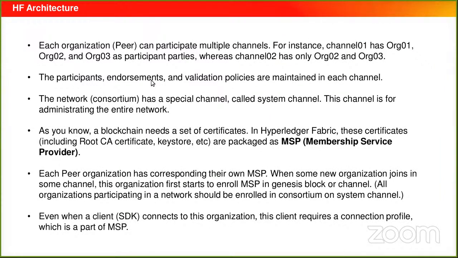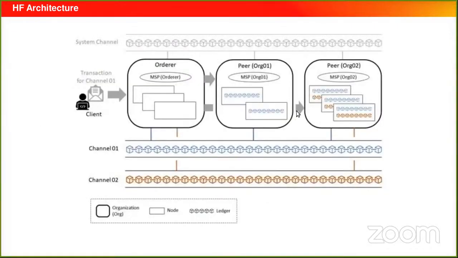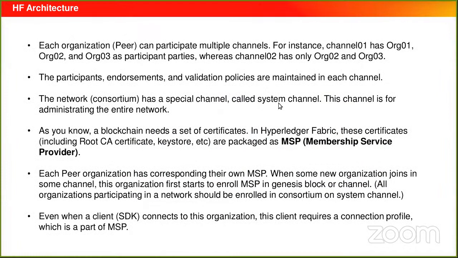Participant endorsement and validation policies are maintained in each channel. As I mentioned, each channel can have its own participant endorsement policies defined in itself. There is another channel called the system channel, also called the admin channel, for the main network and for administering the entire network.